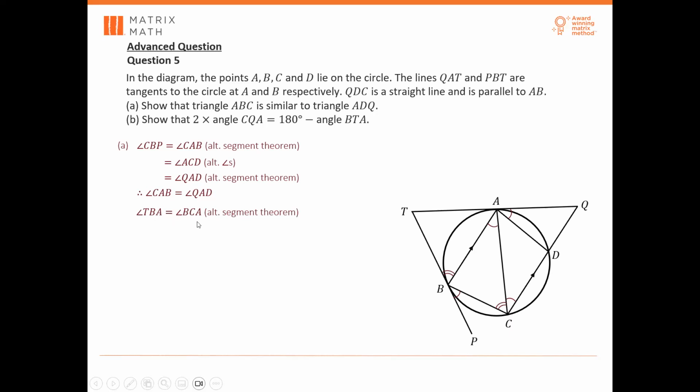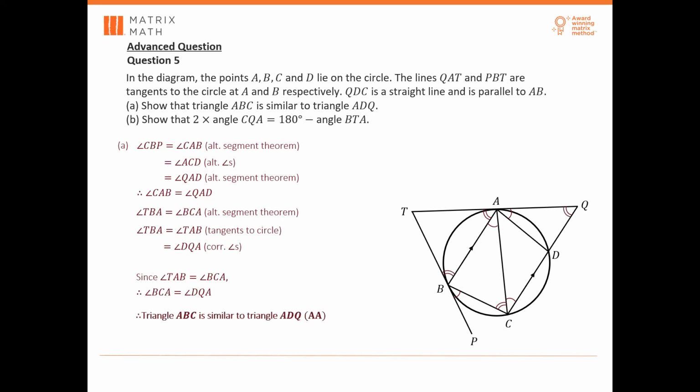Next one is TBA equals BCA using alternate segment theorem. Therefore TBA equals TAB, tangents to the circle. So since TAB equals BCA, therefore BCA equals DQA. So both triangles ABC and ADQ are similar.